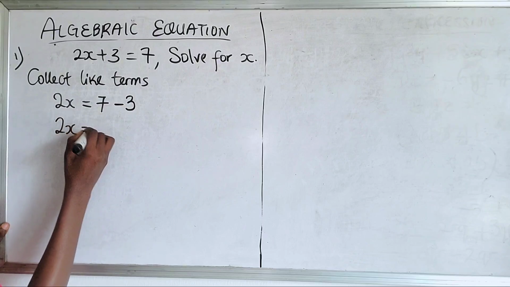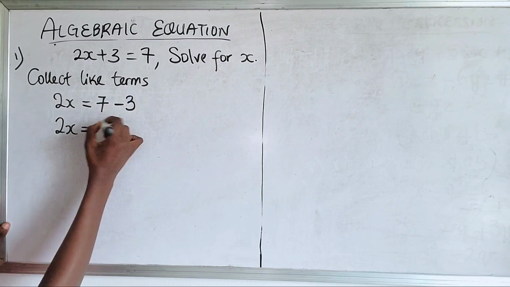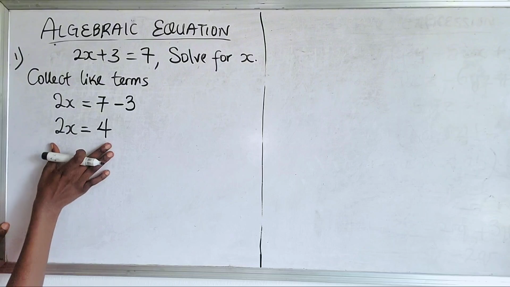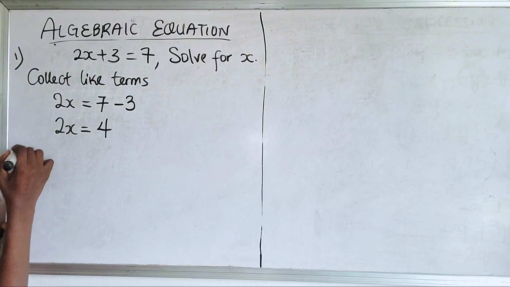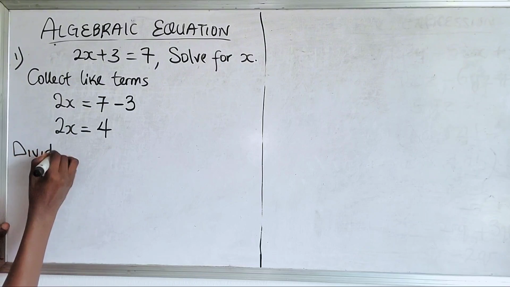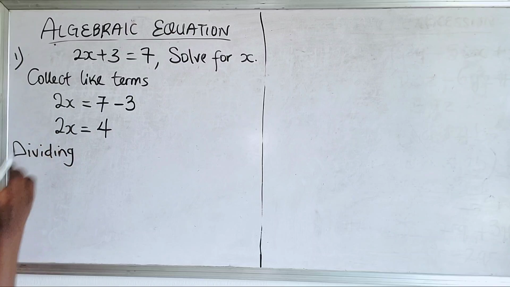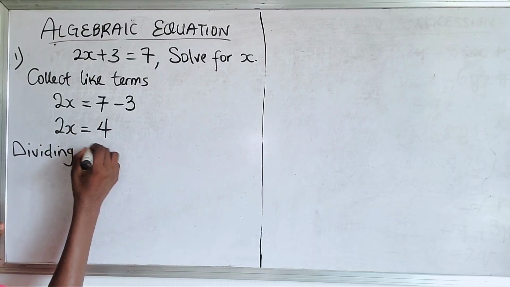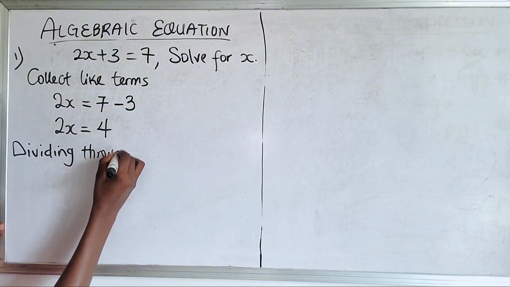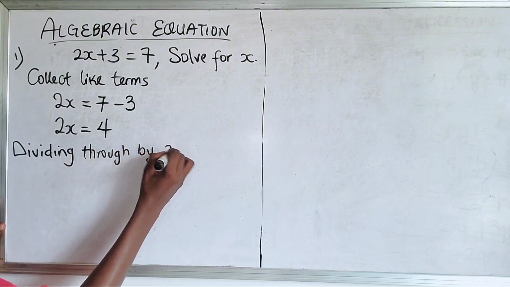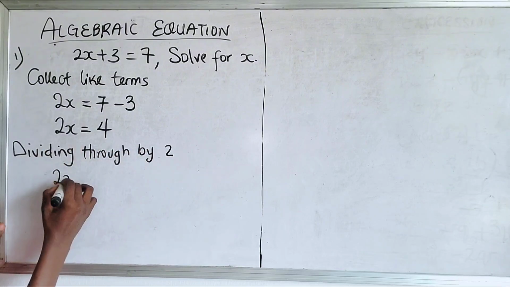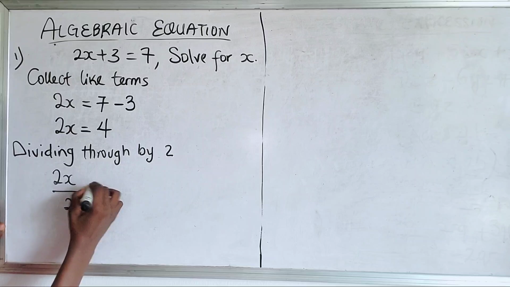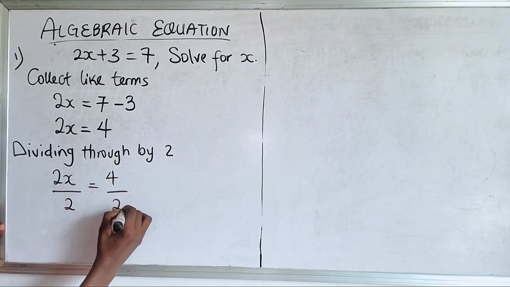Then 2x equals 7 minus 3, which is 4. In this case, you are dividing through by 2. We're doing this for the sake of those who have no idea, so we're always going to go step by step. If you divide the left hand side by 2, you also divide the right hand side by 2.